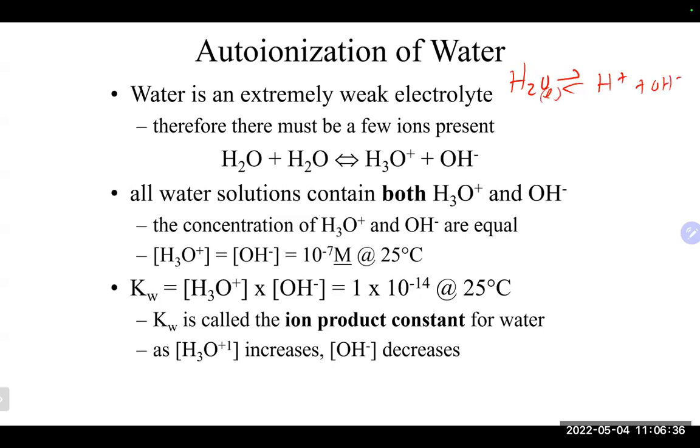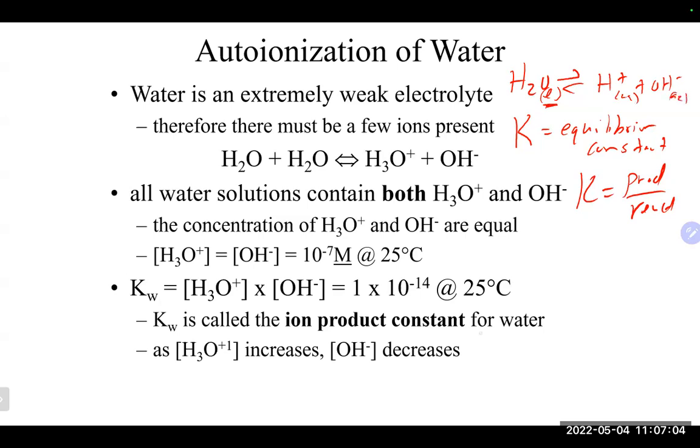When we have a reversible reaction, we can write a K, known as an equilibrium constant, and basically an equilibrium constant is products over reactants. There are two things that you don't include in an equilibrium constant. One of them is a liquid, which is what water is. These guys are aqueous.